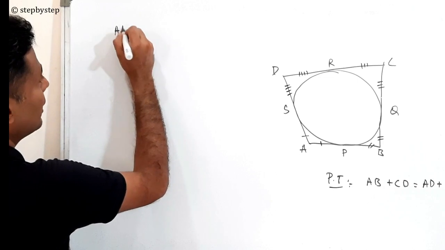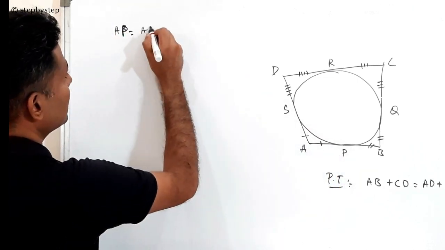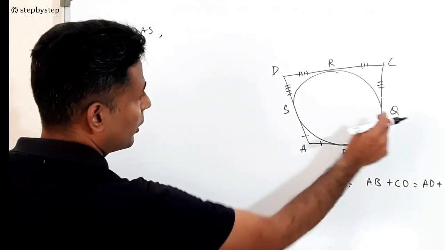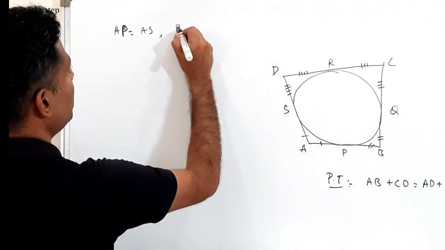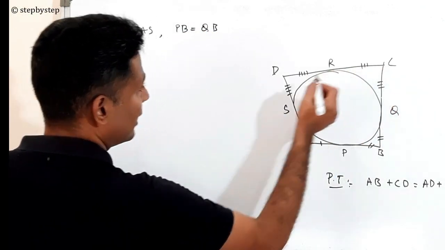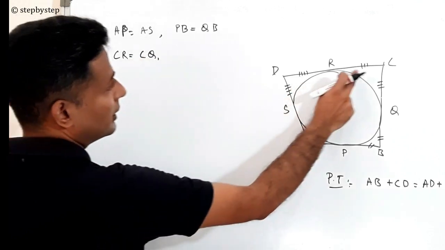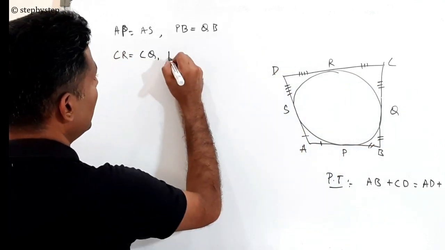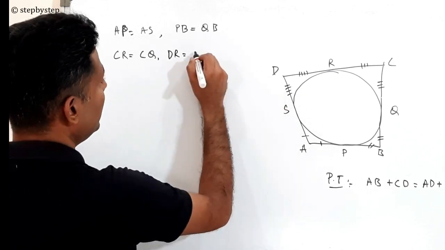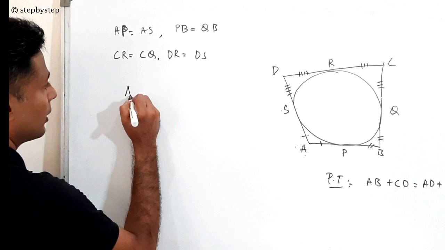So what do we get? AP equals AS and PB equals QB. Also we have CR equals CQ, this equal to this, and we have DR equals DS. Now guys, AB plus CD.